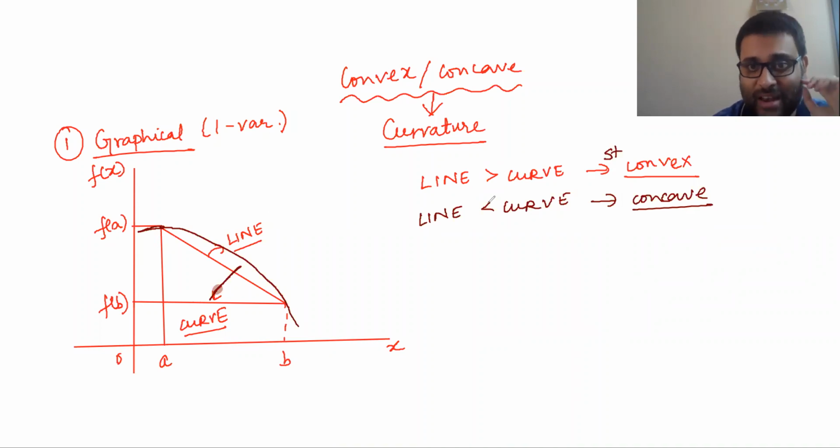If the line is less than the curve, then it is called strictly concave. So if I don't have the equality, then we say that it is strict convex or strict concave. This is the graphical approach.